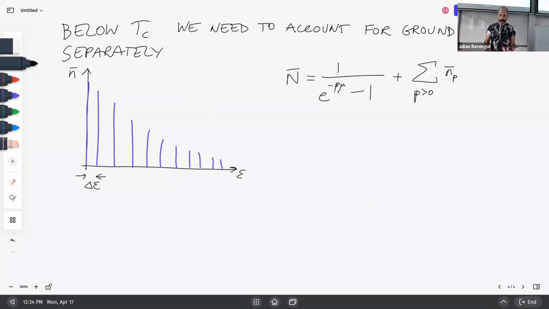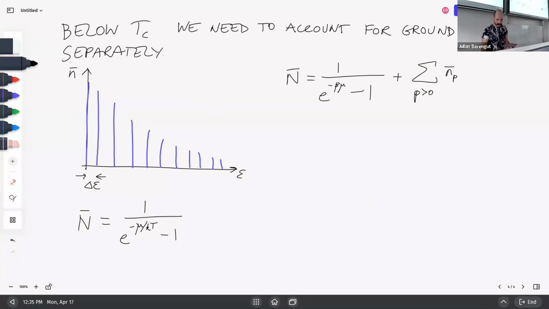And then I can say, okay, that's cool. We can write n bar as equal to the first state here plus the second part, the one I've already worked out. It's V g m to the 3 on 2 over root 2 pi squared h bar cubed. Same integral we had before.